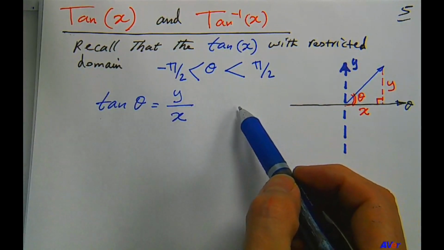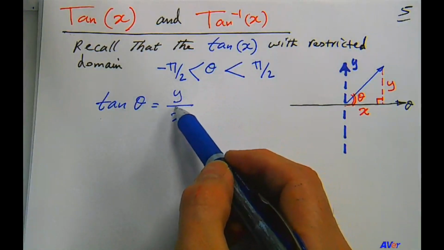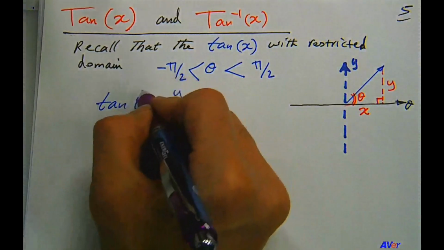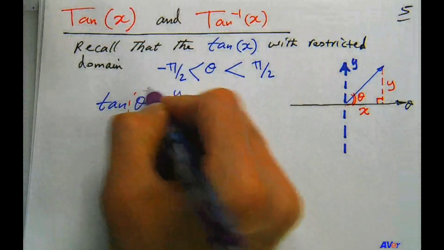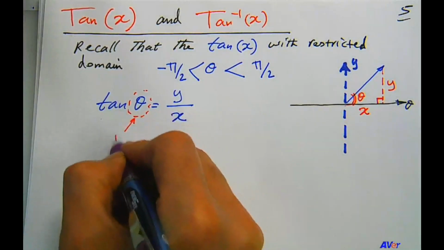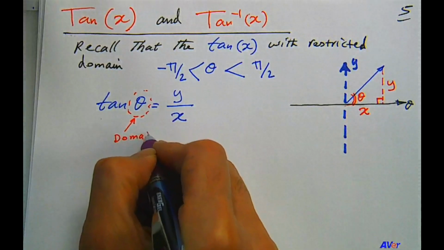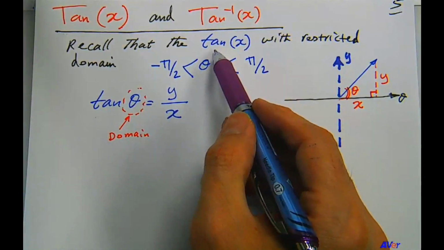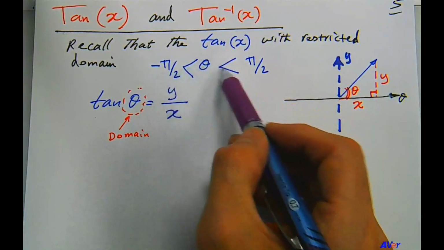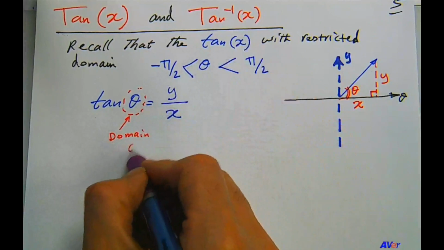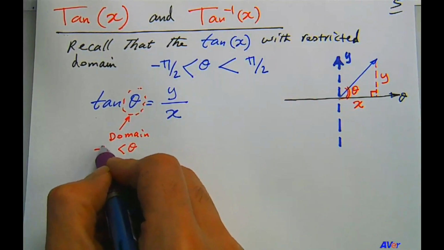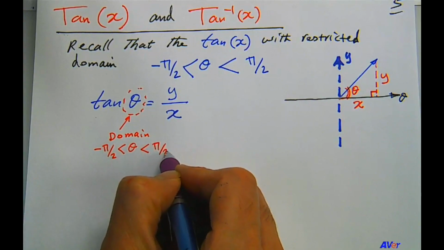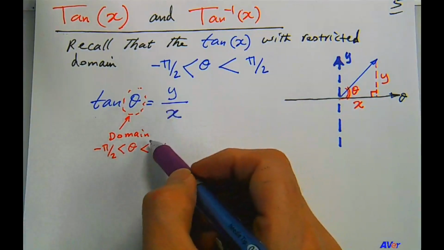Right now the range is not theta. The range is y over x. So let's make that clear. Here we have theta that is part of the domain. And remember, for the tangent function to have an inverse, we need to restrict the domain to theta greater than negative pi over 2 and less than positive pi over 2.